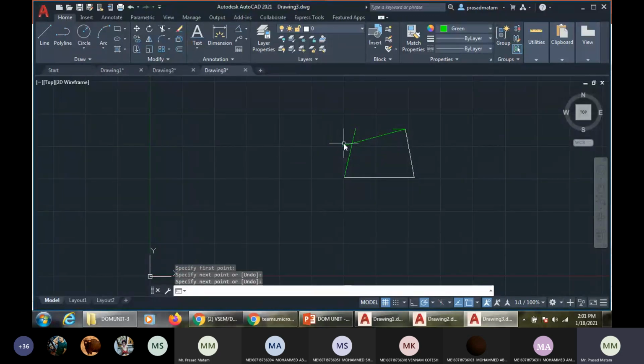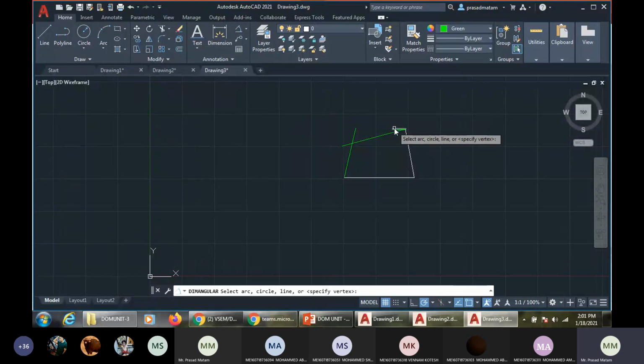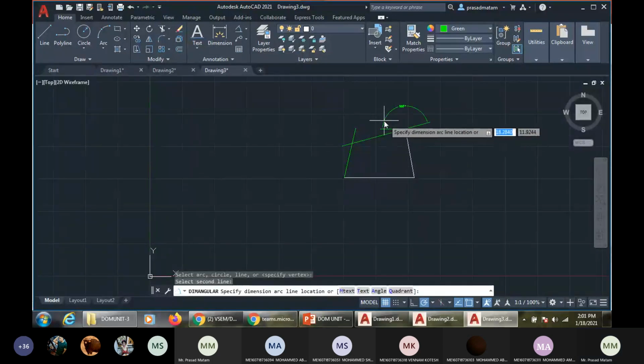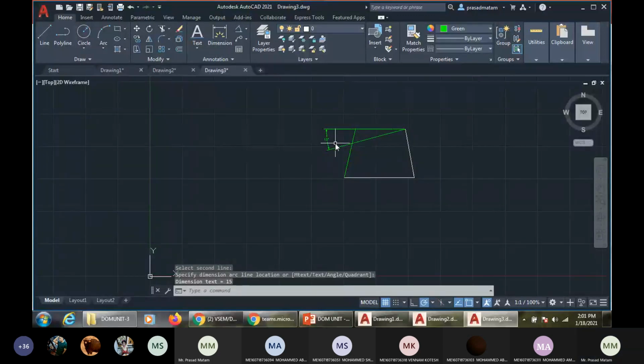Let me check this angle so that I can know whether I'm doing right or wrong. Angular position. I just want to measure these two angles. How much is this? 16 degrees. Still I need to draw less.